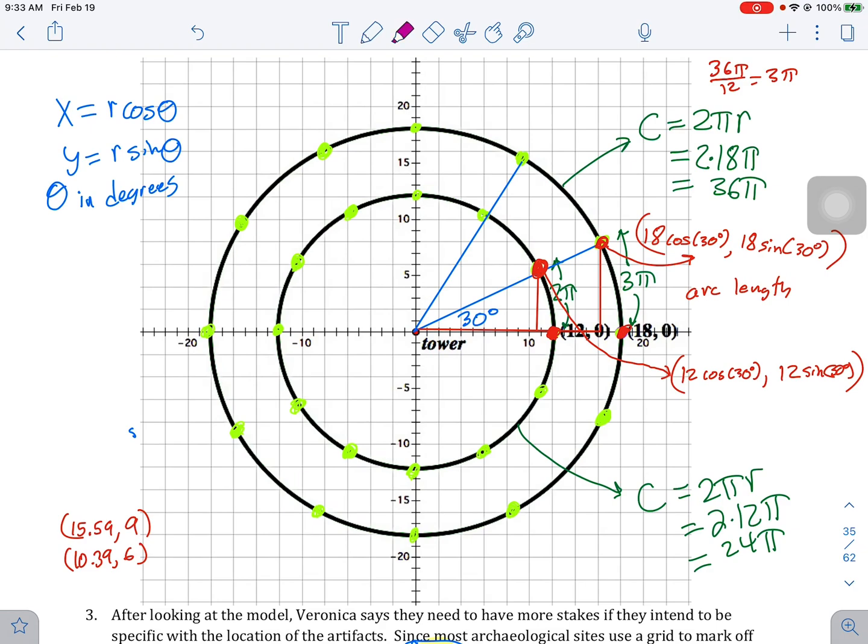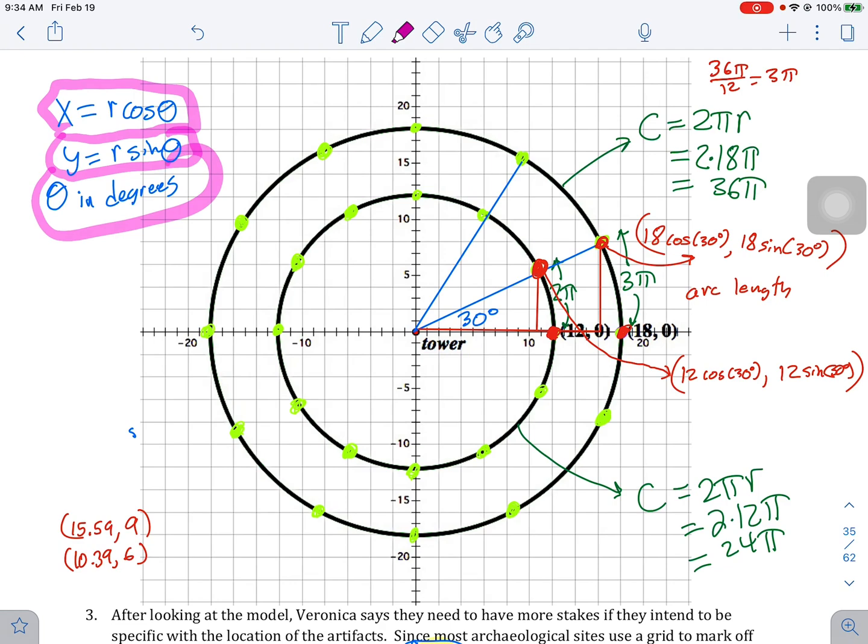So we've got x is r times the cosine of theta, and y is r times the sine of theta. We got that from the ratio of cosine, x over r, and sine, y over r, from a triangle. And theta is going to be in terms of degrees.